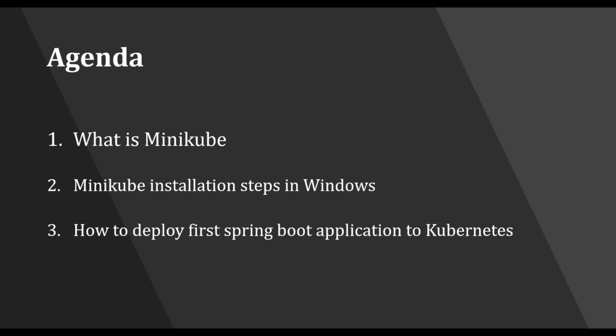Before we install Minikube, first let's understand what Minikube is and why we need it. So let me quickly brush up the basic architecture of pod, node and cluster to explain why we need Minikube.